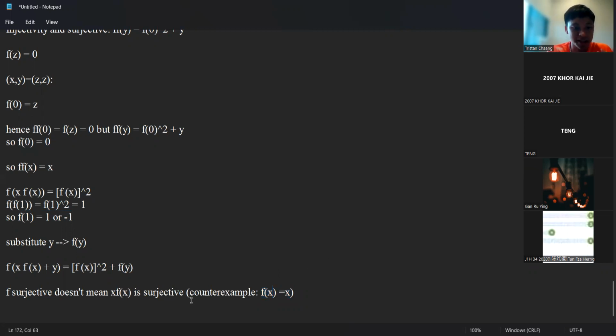Like if fx is x, then this is x squared, and it doesn't go to the negative numbers. Or even the worst case 1 over x, then x times fx is 1, which is not surjective.